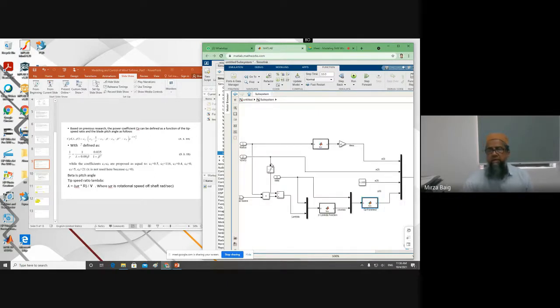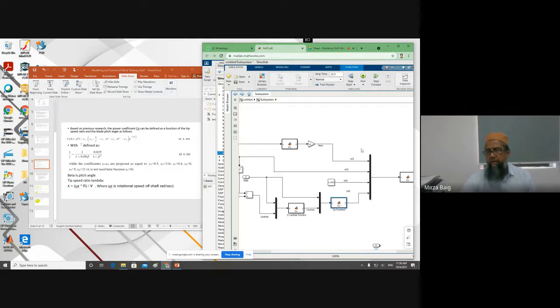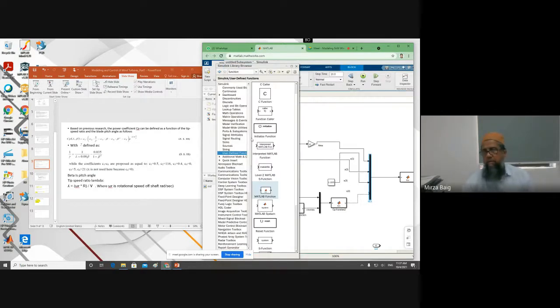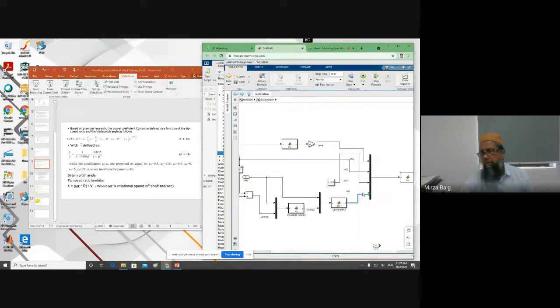Let's see, no errors. So now we got Cp, so we need to find power. What was it? It's only 4.